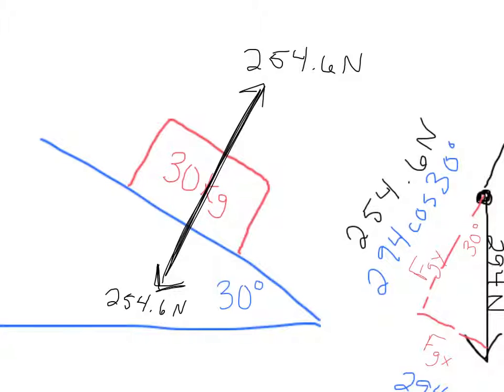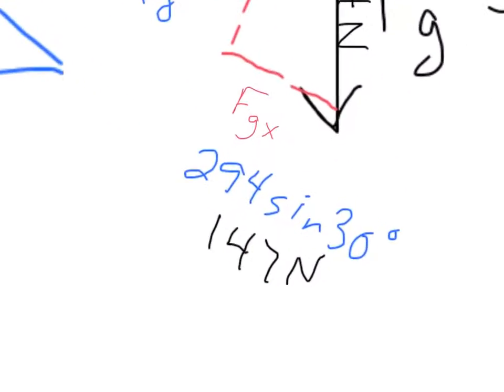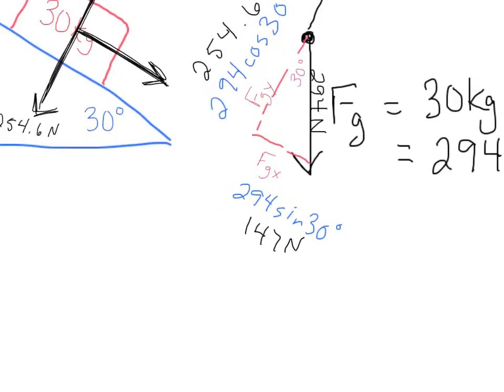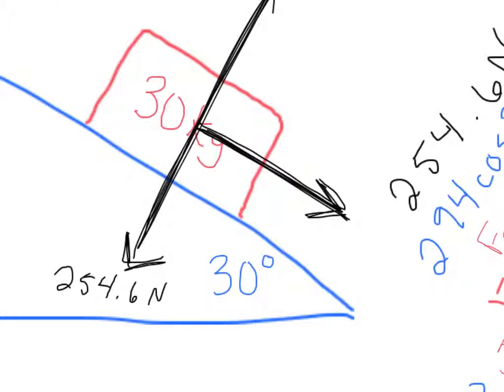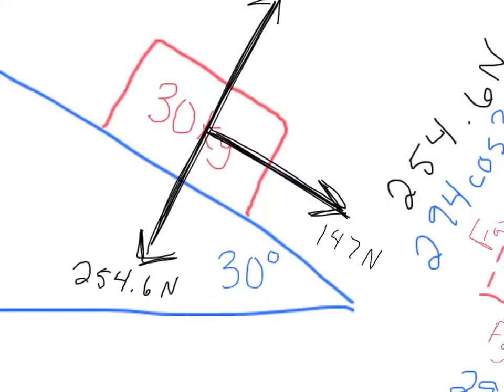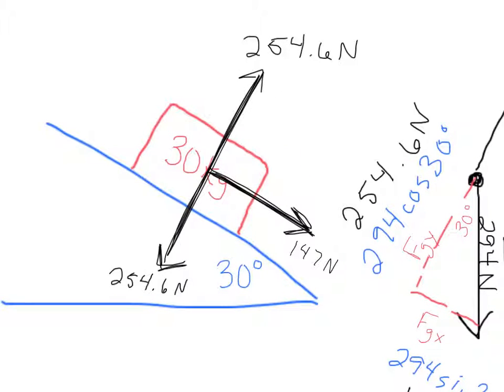So the only force I have left over is down the ramp, in this direction. That force was equal to the x component of gravity, and that was 147 newtons. So back in my picture here, I now know that I have 147 newtons down the ramp, and that is going to help me solve this problem.